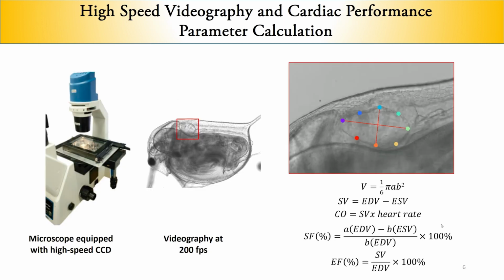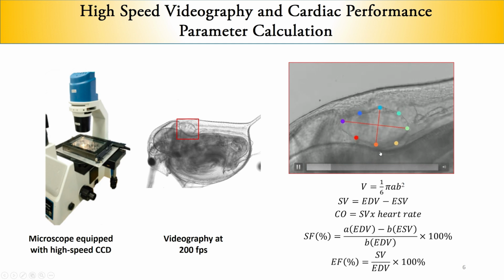To get the heart video of Daphnia magna, we will use the high-speed CCD that is embedded in the microscope, and then we will focus on the Daphnia heart here, and we will record it at 200 frames per second. After analyzing with the program, DeepLabCut will give us the heart wall edge here, and it will be tracked by points here.